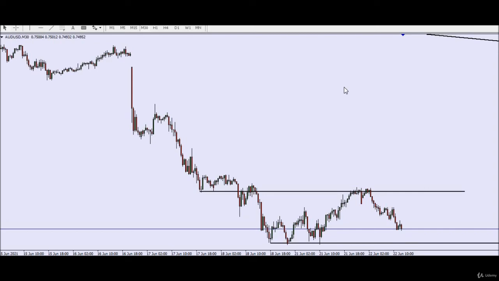On the 30-minute you can see the same levels, but here is one more hold level, as you can see here.